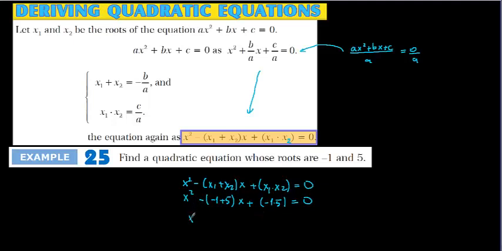It's going to be x squared minus 4x, since minus 1 plus 5 is equal to 4, then minus 1 times 5 is minus 5, equal to 0. So this is the quadratic equation whose roots are minus 1 and 5.